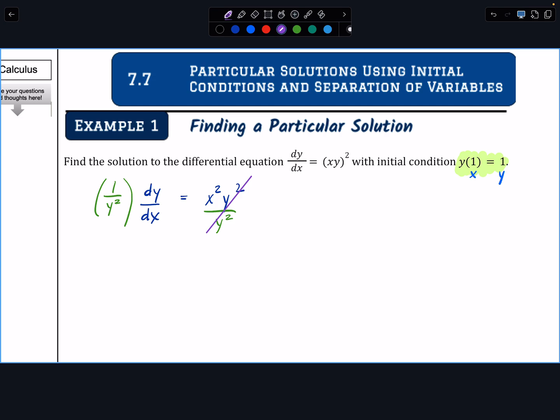And then what can I do to get the dx to the other side? Multiply by dx. So if I multiply this side by dx, and this side by dx, then the dx will cancel. So then I'm left with 1 over y squared dy is equal to x squared dx.